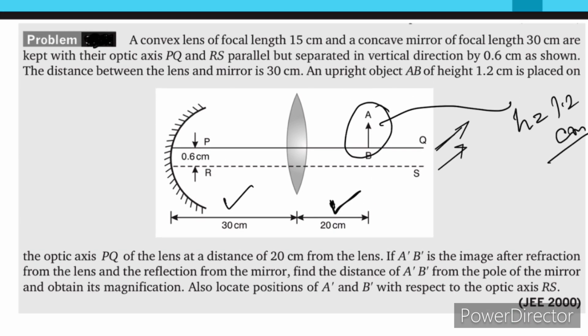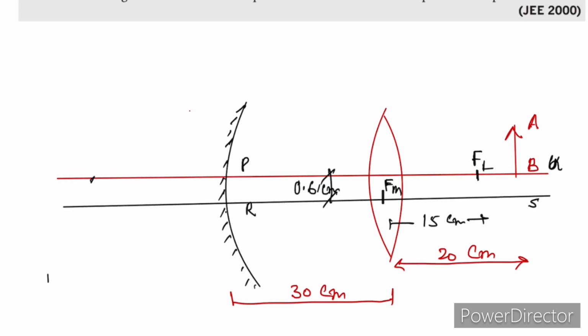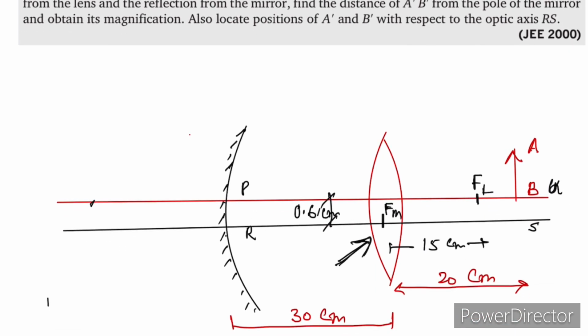Of course the focal length of the mirror is given as 30 centimeter, and this is the focus of this mirror, which is 30 centimeter from the mirror. And then there are two optic axes I have made. One is PQ and another is RS, and both are 0.6 centimeter apart.